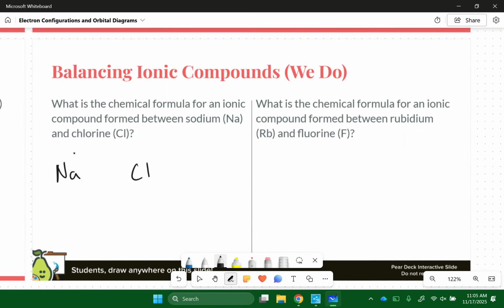Okay, 1 plus, 1 minus. So I got lucky here. It's 1 plus and 1 minus. They're already balanced with each other. So because of that, I don't have to change the subscripts. I just push them together. NaCl. This is my compound. Okay.